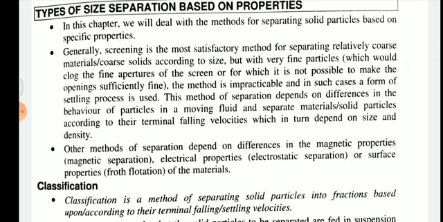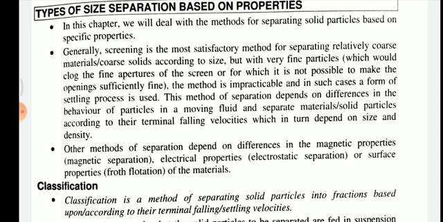Okay. Now, screening is generally the most satisfactory method of separating relatively coarse material according to size, but with very fine particles, which would clog the fine apertures of the screen, it is not possible to make the opening sufficiently fine.